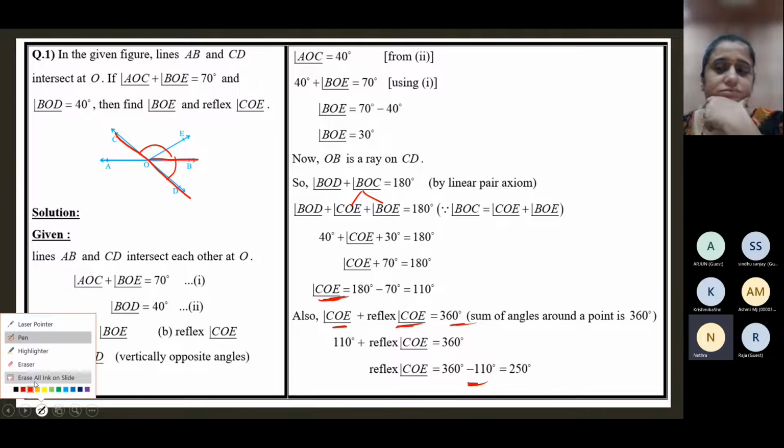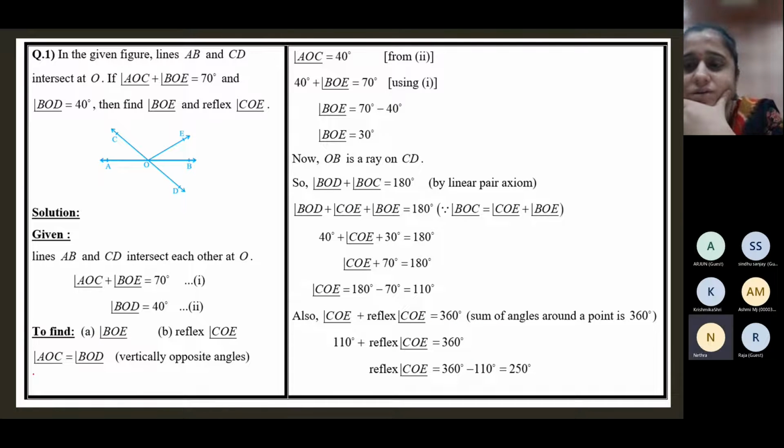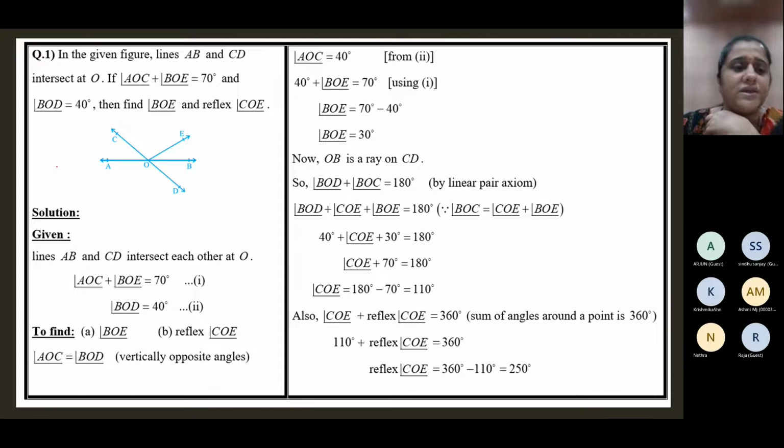Ma'am, I have a doubt. Yes, Netra. Ma'am, how to split angle BOC? DOC is a straight line.